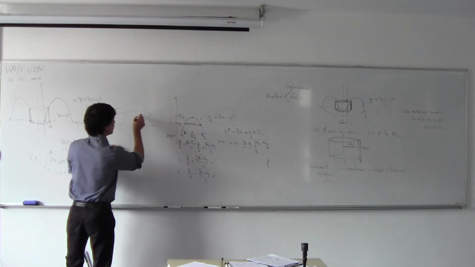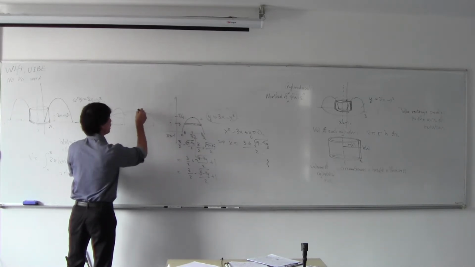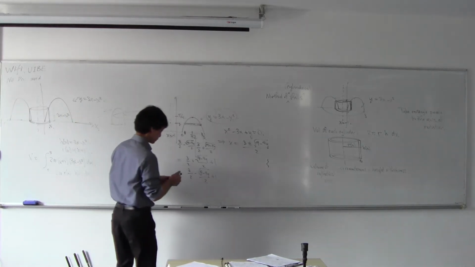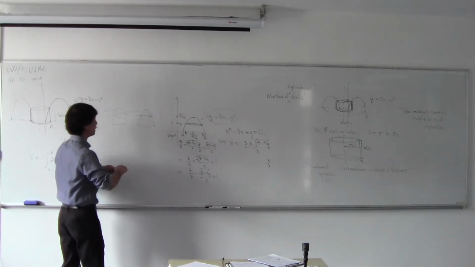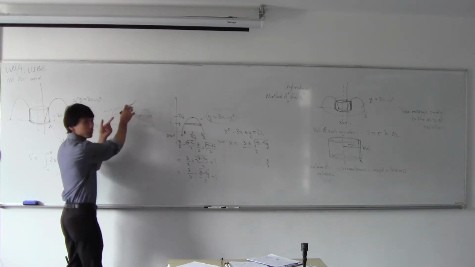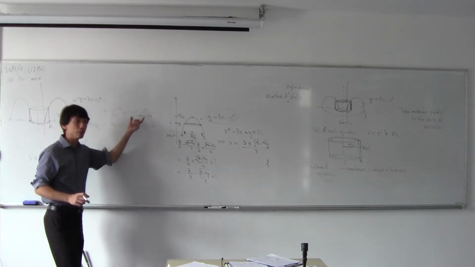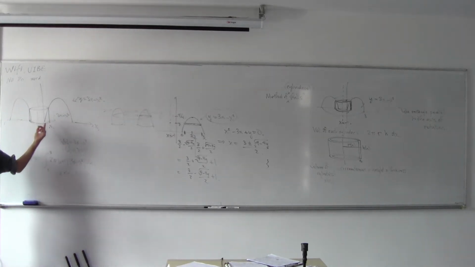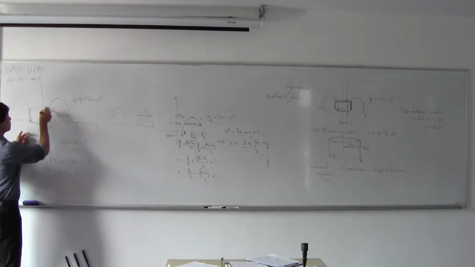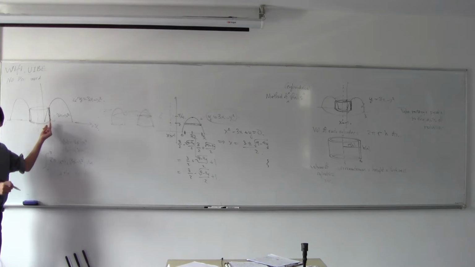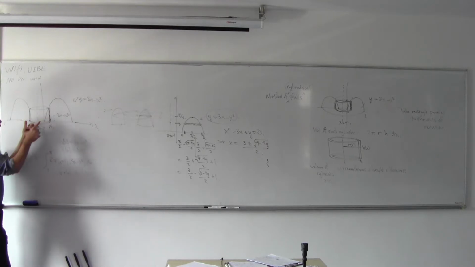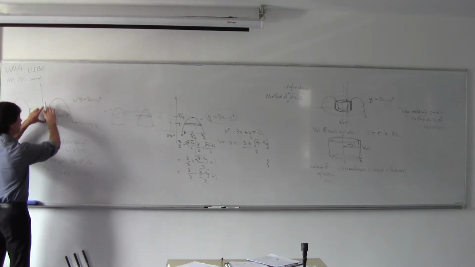Really, what we were doing was taking the initial object and breaking it up into horizontal rectangles, and then we looked at the washer generated by spinning that horizontal rectangle around, and added up all the volumes of the washers. We're going to do pretty much the same thing over here. Now we take vertical rectangles, we spin those around, and we get this cylinder, and then we add up over all.